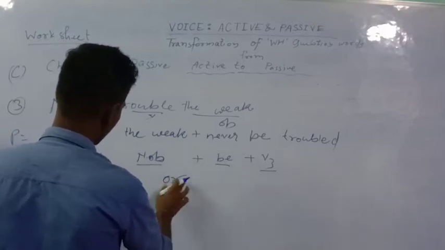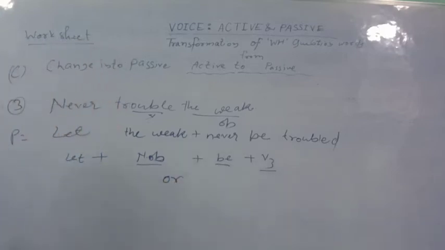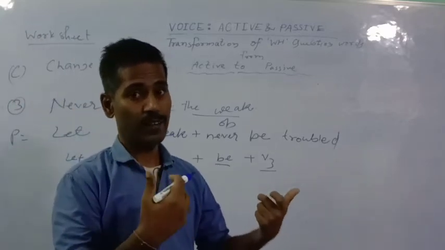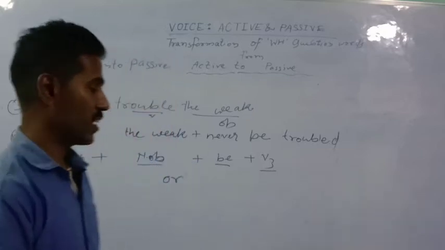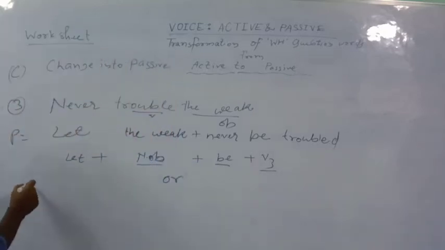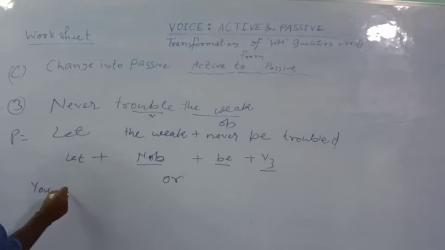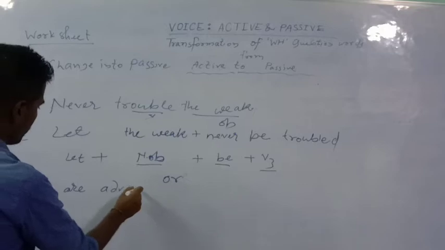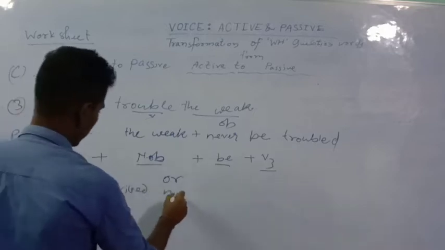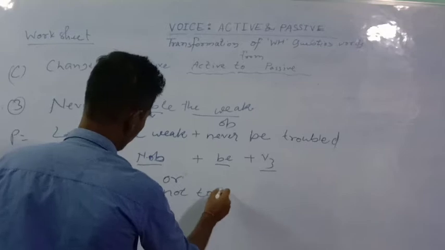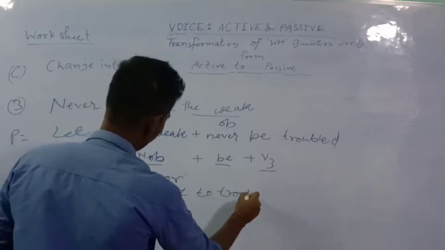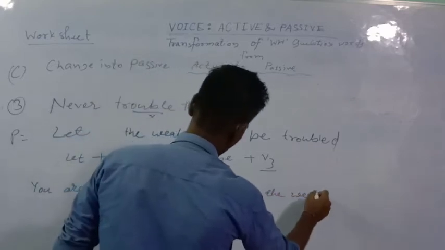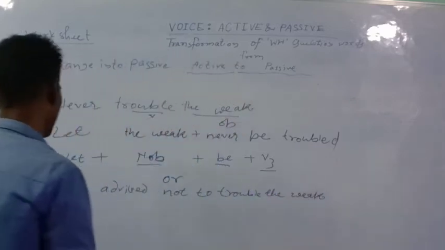If you want, you can write some other way also. One more process is there. Let the weak never be troubled. It is an advice, isn't it? Since it is an advice, I will write, you are advised not to trouble the weak.